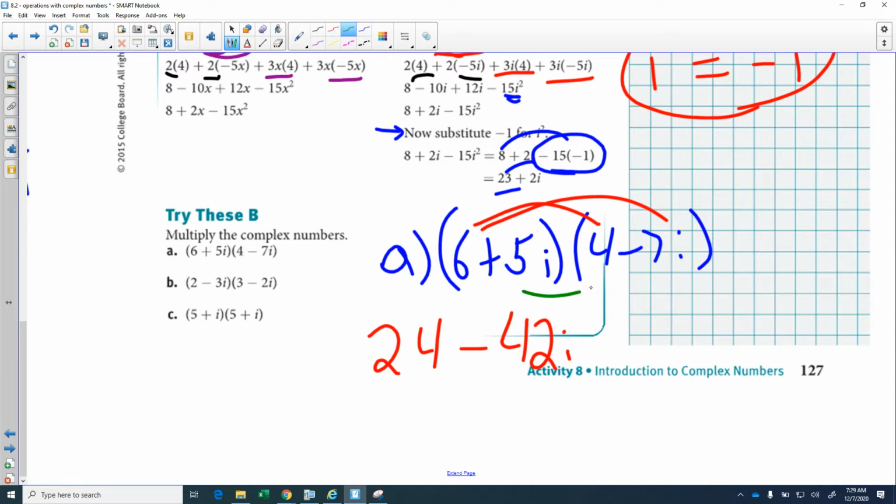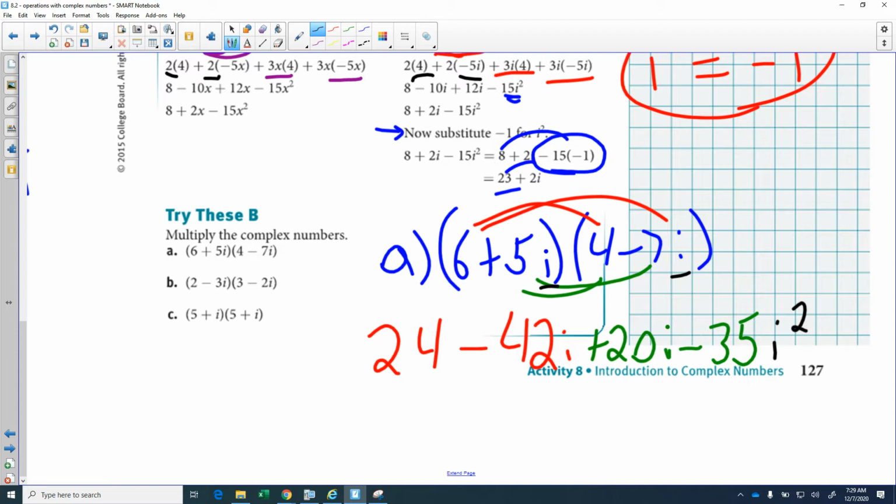We then repeat the process with the 5i. Multiply that number through. 5 times 4 is positive 20i. 5 times -7i is -35, and then since we have an i and an i, it's going to become i squared.